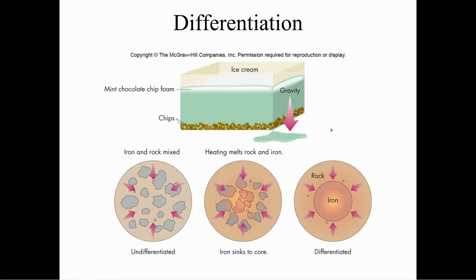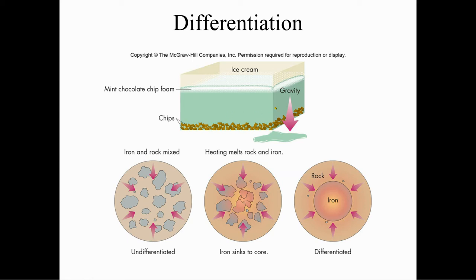Here is differentiation in modern, easy to understand analogy. I love mint chip ice cream too. If you take some mint chocolate chip ice cream and you let it melt, you heat it to where it melts, this is differentiation. Gravity will pull the heavier material, or the chocolate chips, to the bottom of the container. Look at that leaking out. What a waste.